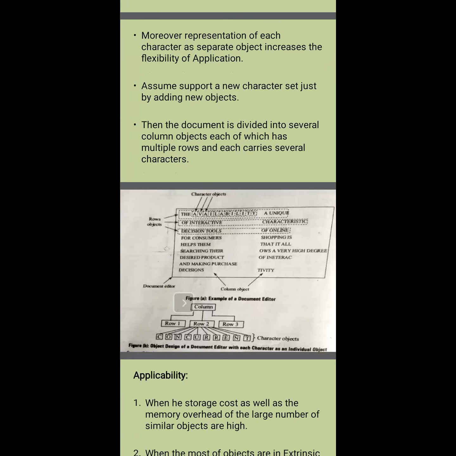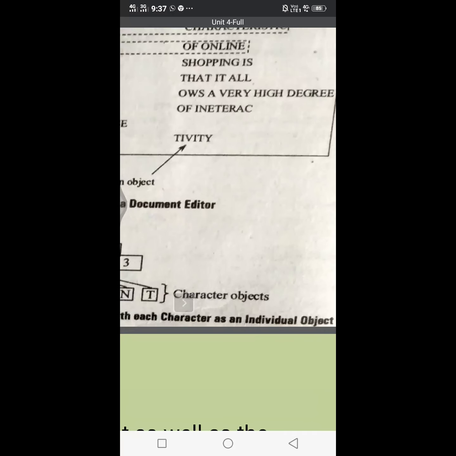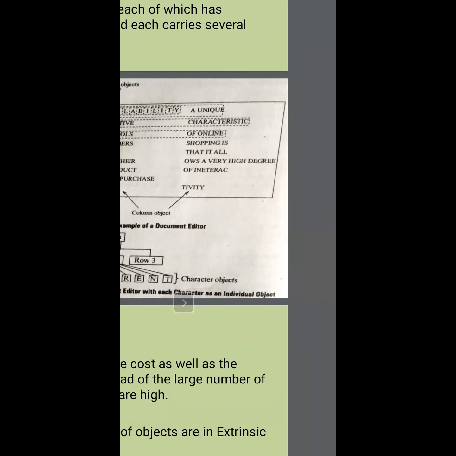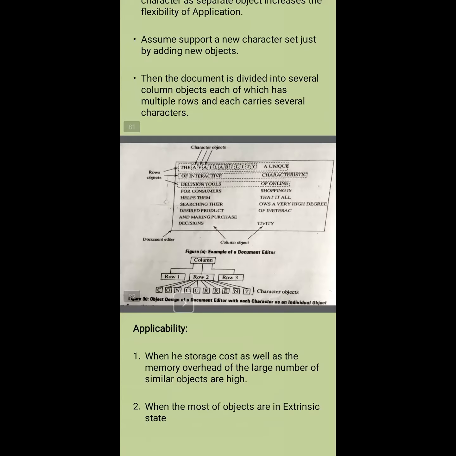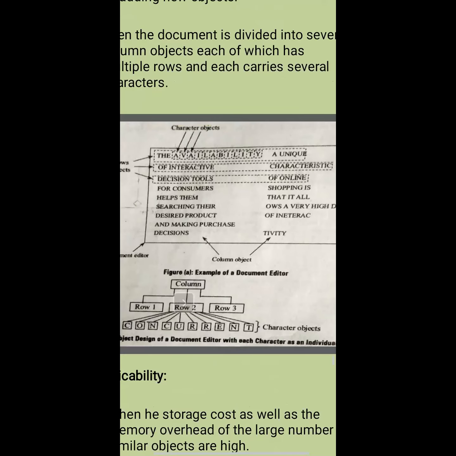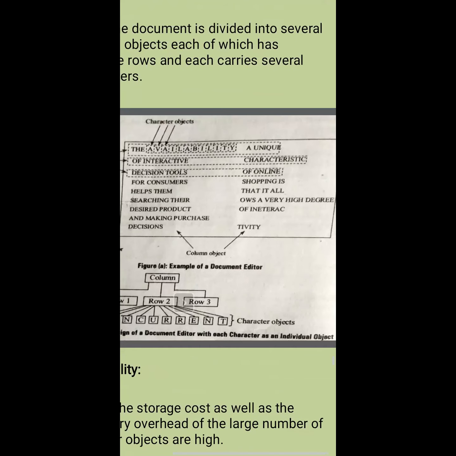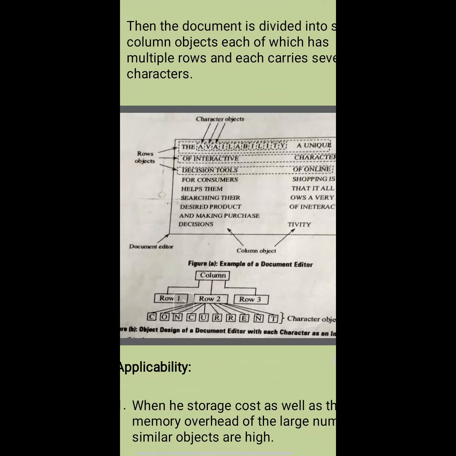And if you are observing this diagram, here the document editor contains some set of words, but each character can be treated as some object, and we try to maintain different categories or different objects. So rows, columns, okay, row objects, column objects.